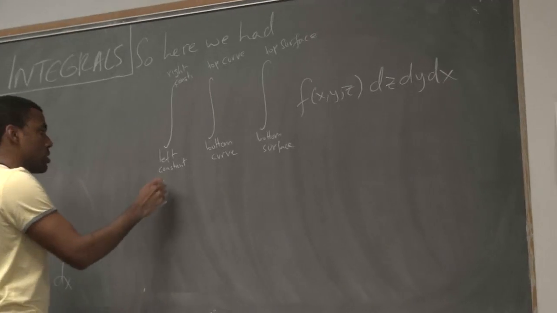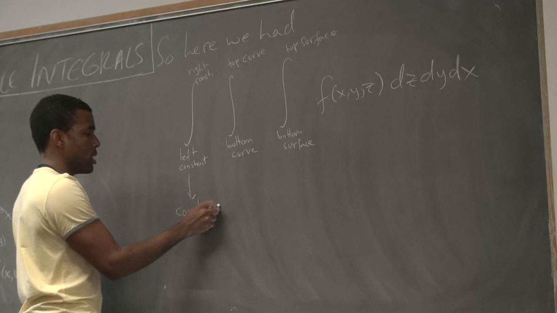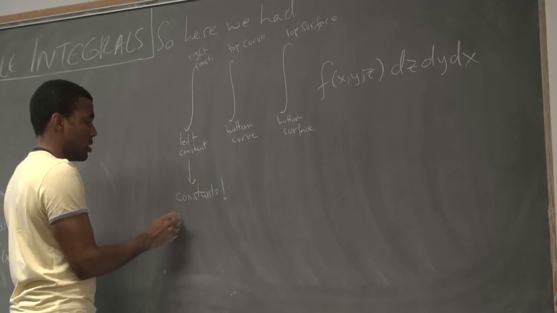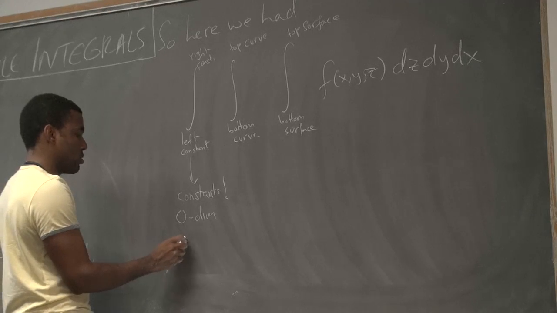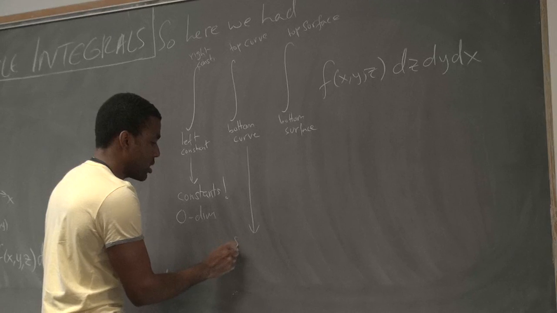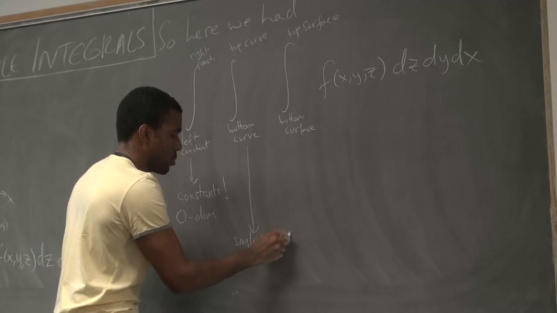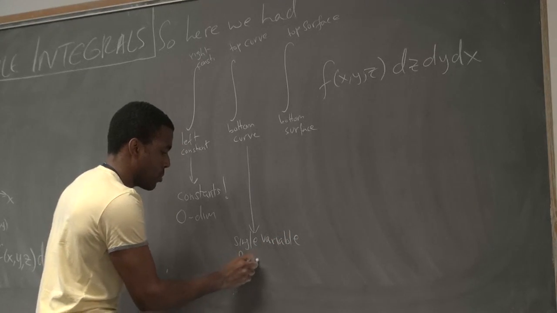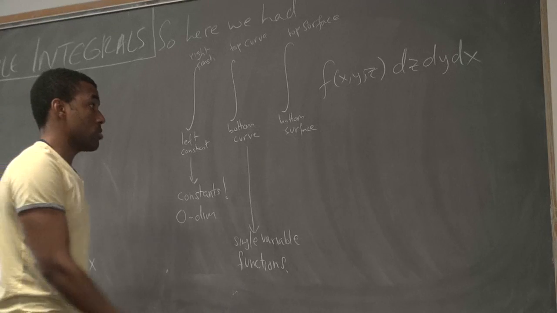One thing to notice is that these are constants. Again, with triple integrals, constants are always on the outside. These are zero dimensional, which are just constants. These here are actually single variable functions, which would go in your middle integral.